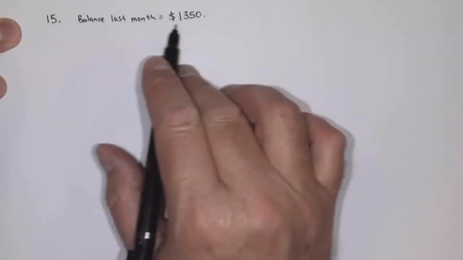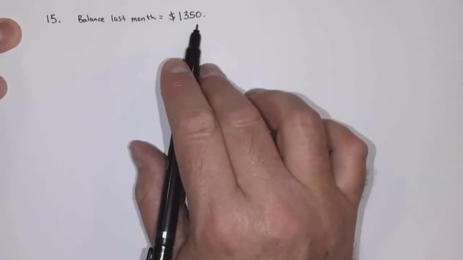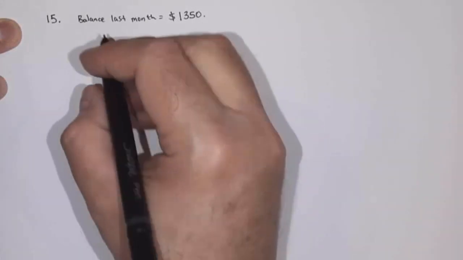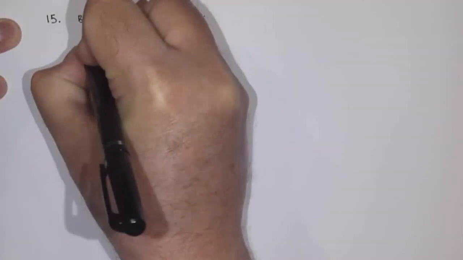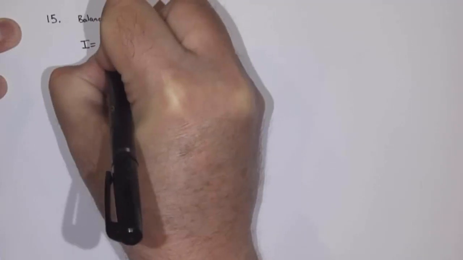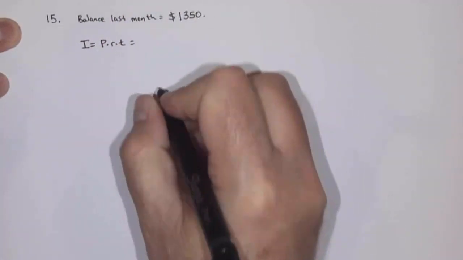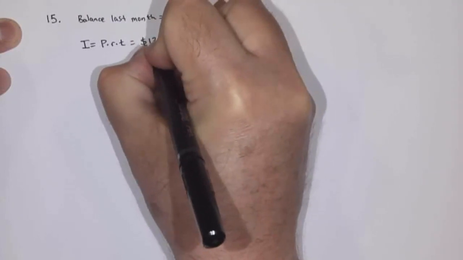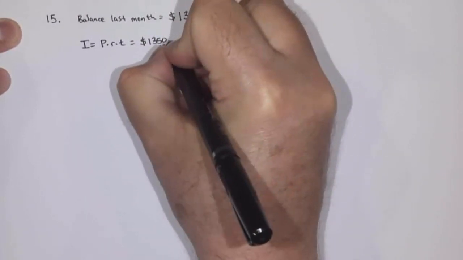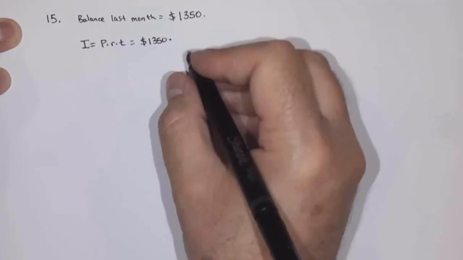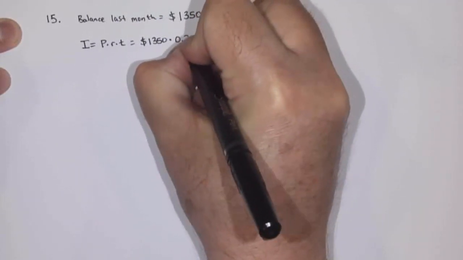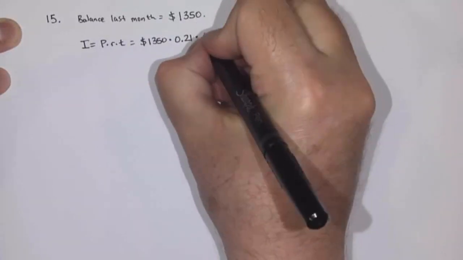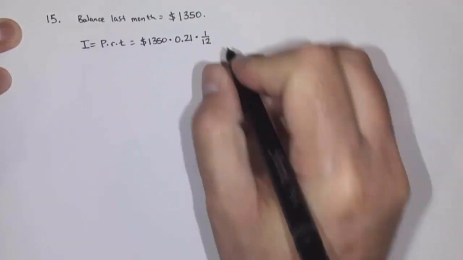Well, if her balance last month was $1,350, she's going to have to pay a finance charge for that. And so her finance charge is the interest, and we calculate that using the simple interest formula. So she's going to have interest on the $1,350, that's the principal, times the rate, which is 21%, so times 0.21, times the time, which is 1 month, so that would be 1/12 of a year.